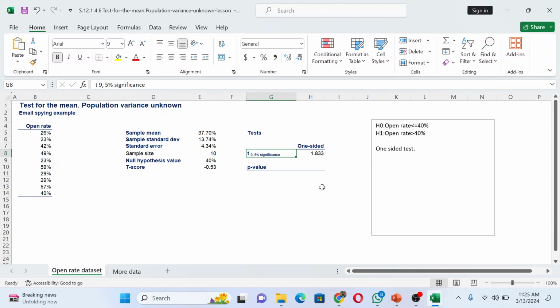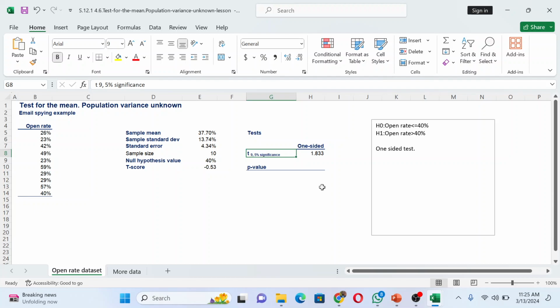No, we are not halving. We say that our alpha is 5%, right? And when we are reading from the t-table, given that it is a one-sided test, we are not going to divide it by 2. We are going to carry it the way it is. Are you getting it?